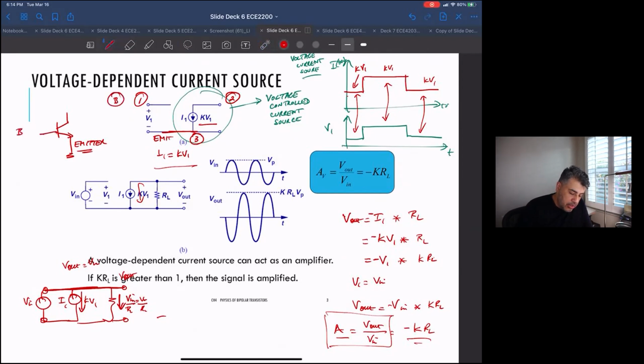So the base would be here, and the collector is here. If you were going to set this up as a gain circuit, you would put your V in here, and you would put a resistor here. So this guy would not be connected to here.